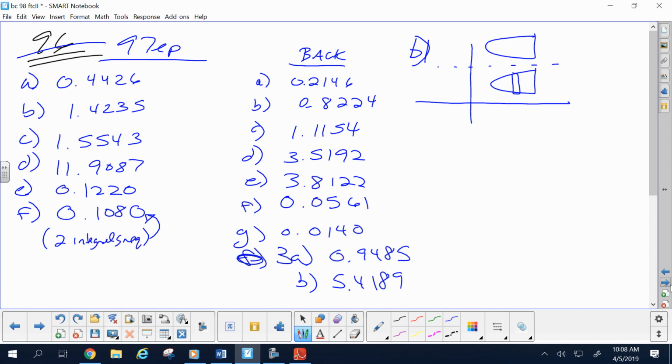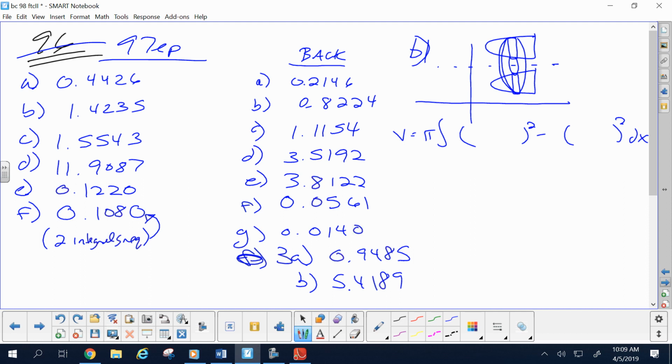And so your revolution would be something like this. So it's a washer. So we say washers are pi big R squared minus little r squared, dx. Okay.